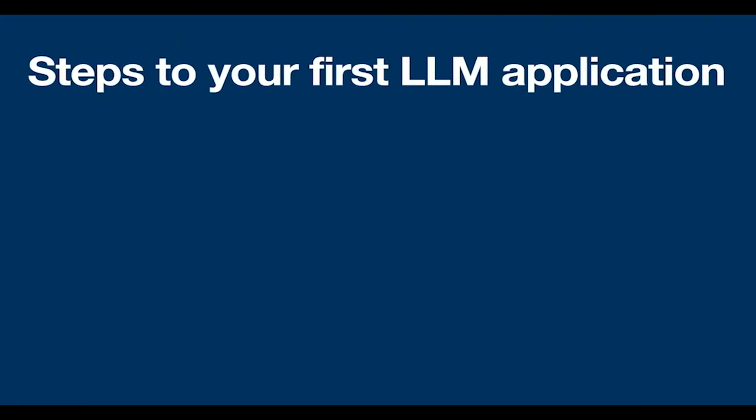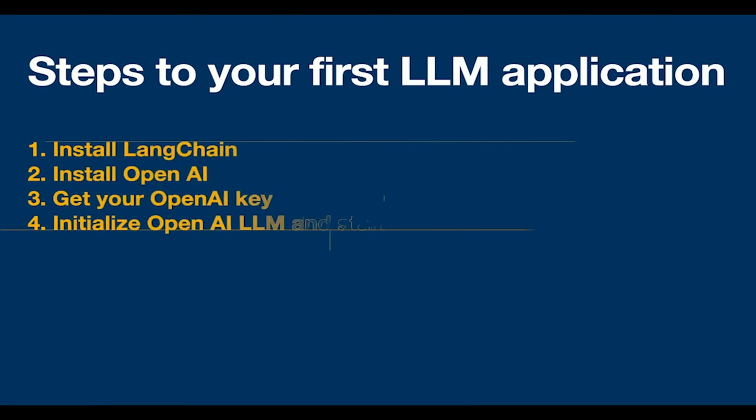Now let us see how to use LangChain to build our first LLM application. As we see on the screen, there are 4 steps. First, we need to install LangChain using the pip install command, and the second step is we need to install OpenAI using pip install openai.